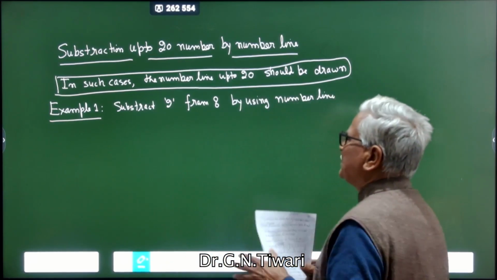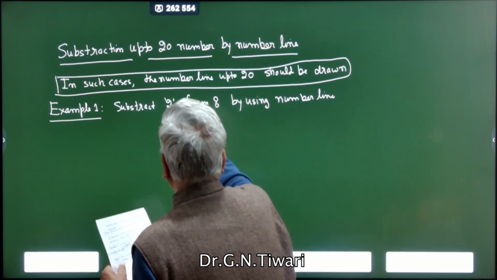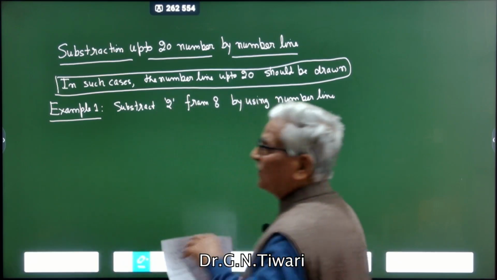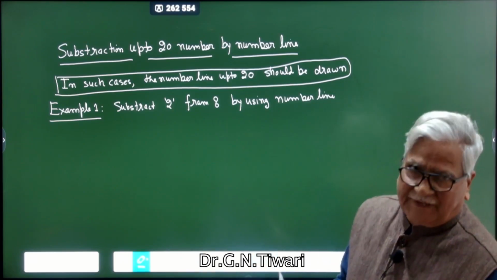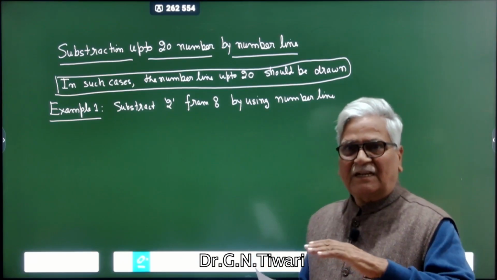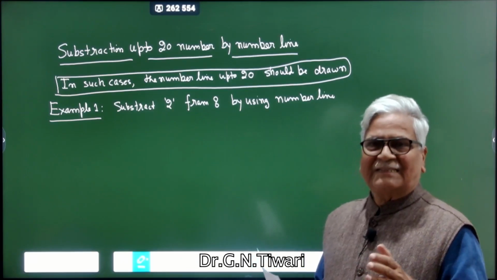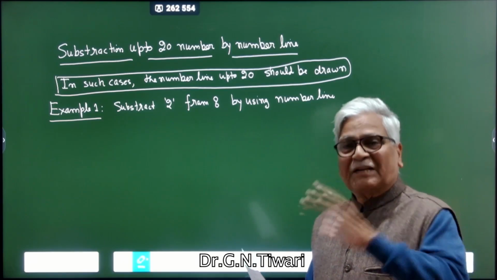Why am I repeating these questions? Because earlier, the subtraction was done in a different way. But here, I have thought that it should be explained in a better way than the earlier one.